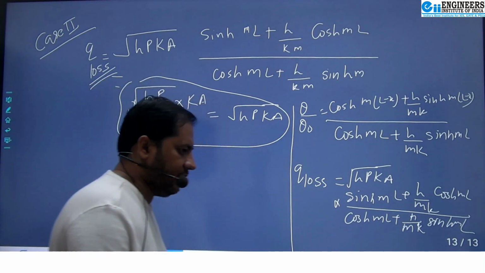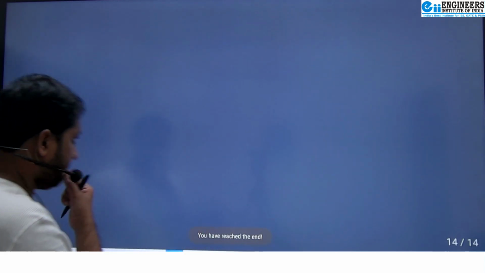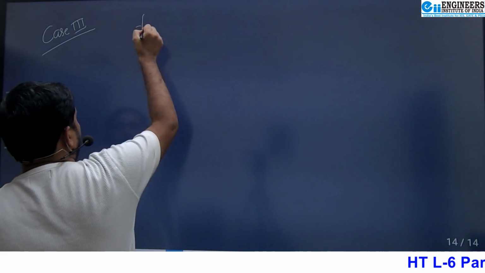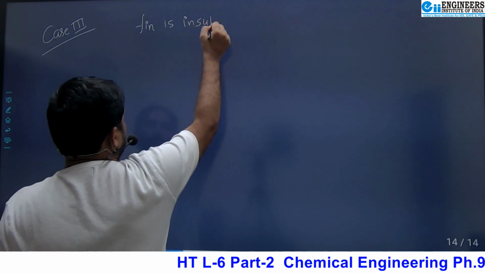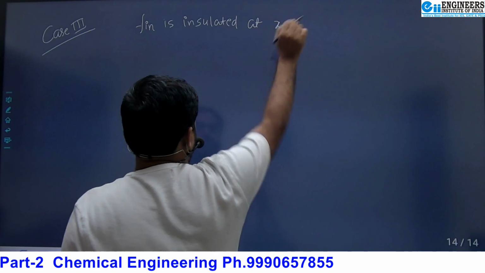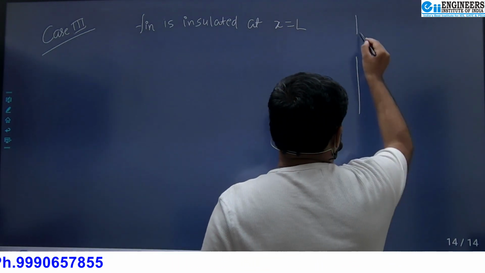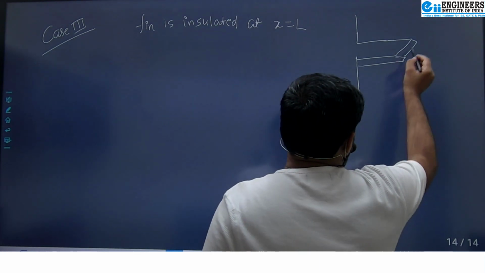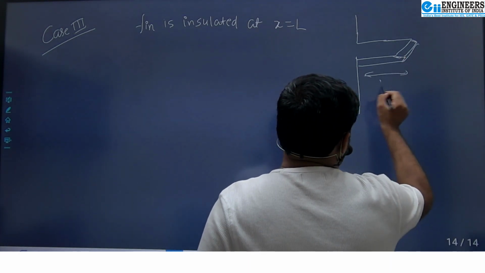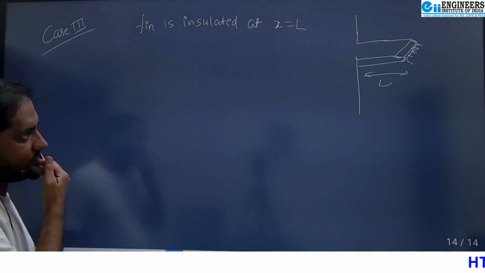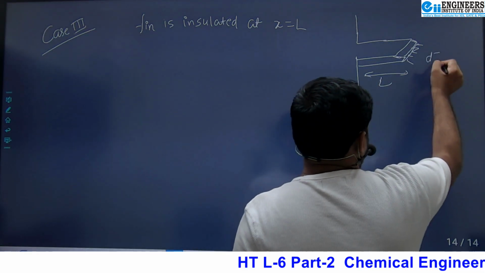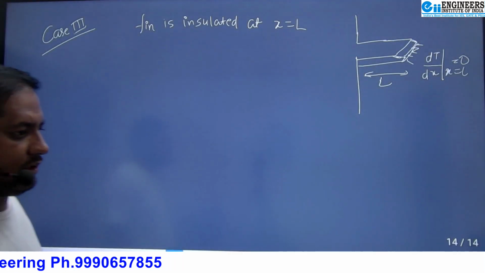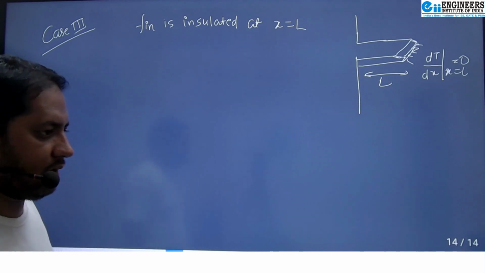Now moving forward to our case 3. For case 3, the statement was that the fin is insulated at x equal to L. If there is a fin like this, the fin is insulated here at the tip at x equal to L. And we know that whenever the fin is insulated, dt by dx is 0 at x equal to L, because we know the condition of an insulated wall, that there is no conduction of heat there.